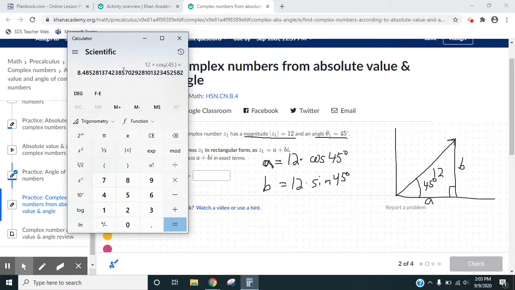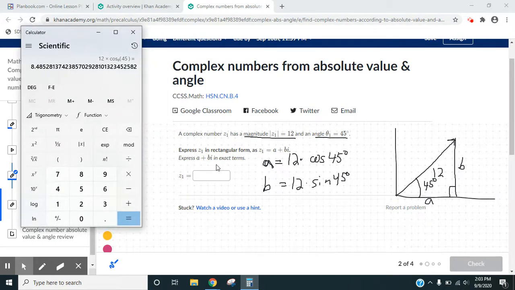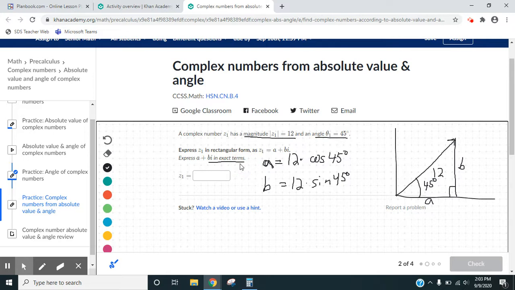All right, so we're supposed to round to, oh wait, it says exact terms. Darn it, calculator will not help us. All right, so how can we do that? How can we ever come up with the cosine of 45 without a calculator?